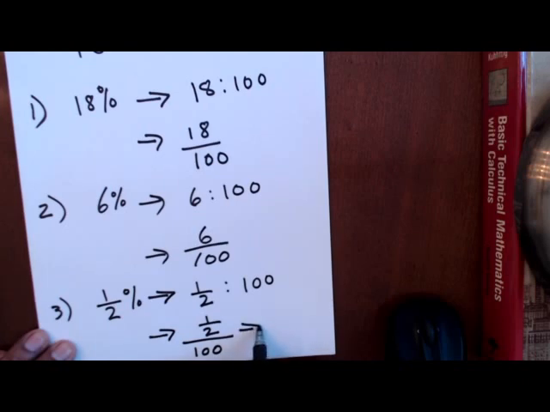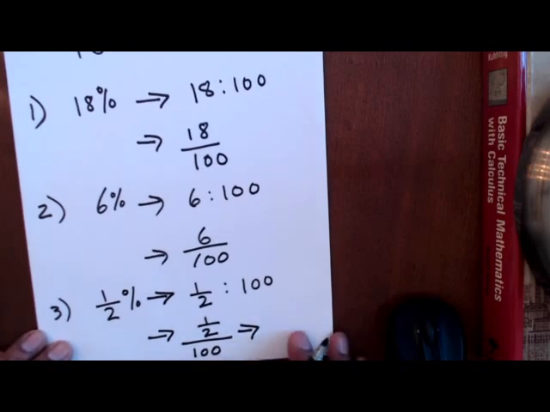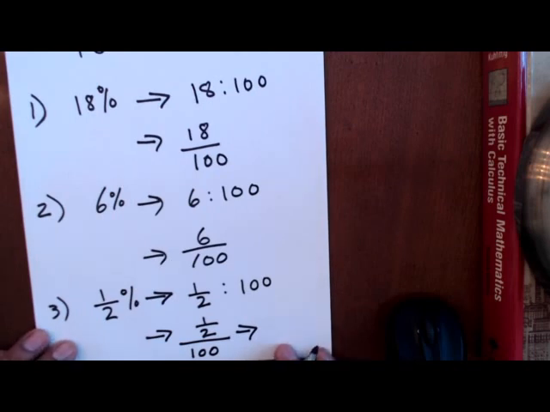And here you have to use your fractions, right? That's why fractions are very important. This can be represented as 1/2, right, times 1/100, and this will give you 1/200.